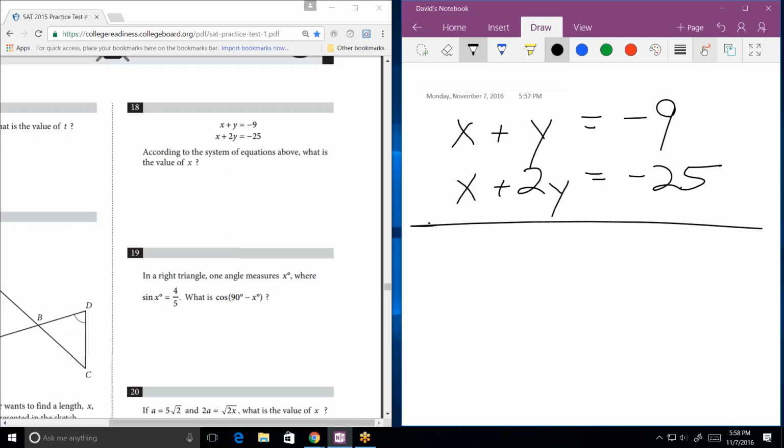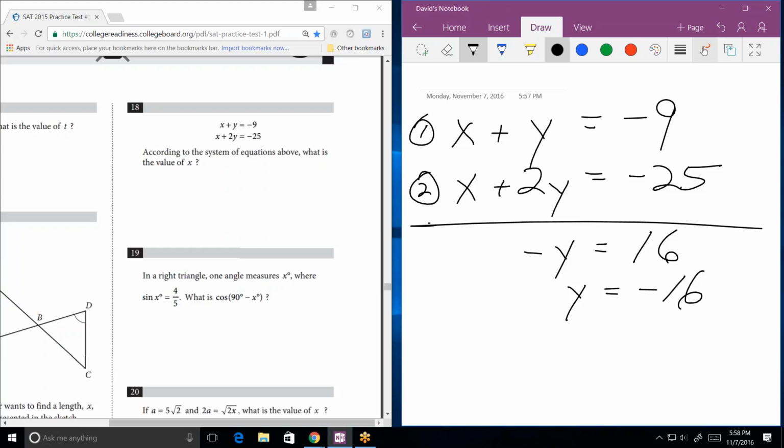Subtract equation 1 by equation 2. You get negative y equals 25 minus 16... so y equals negative 16. Okay, now I can figure out what x is.